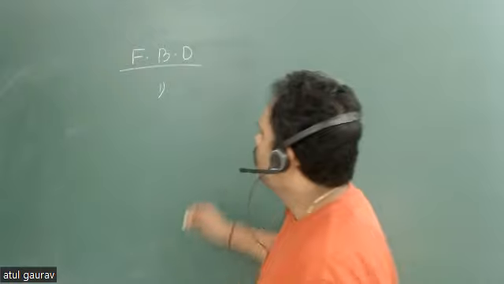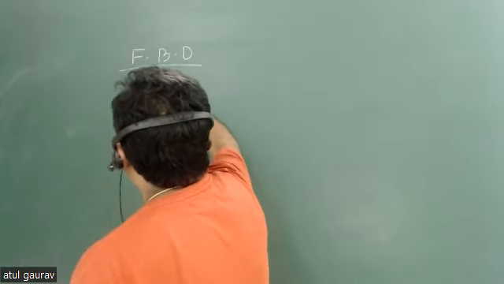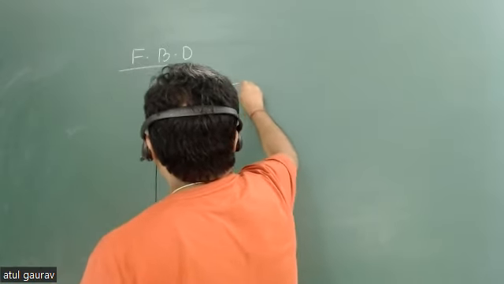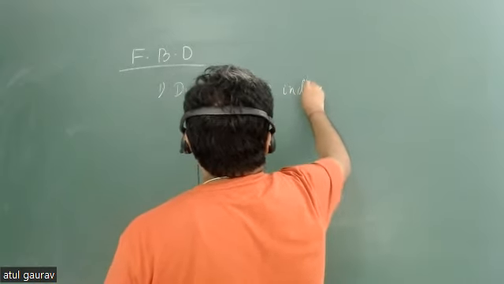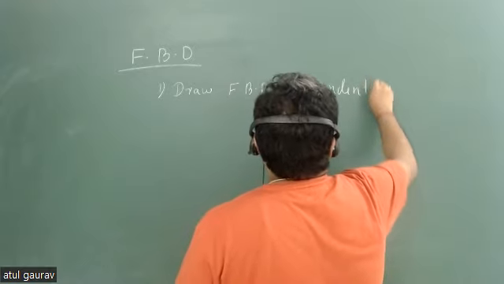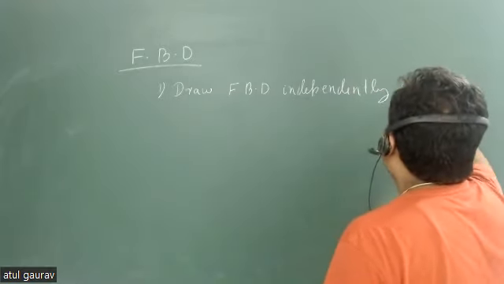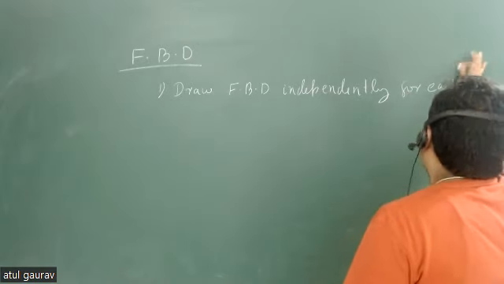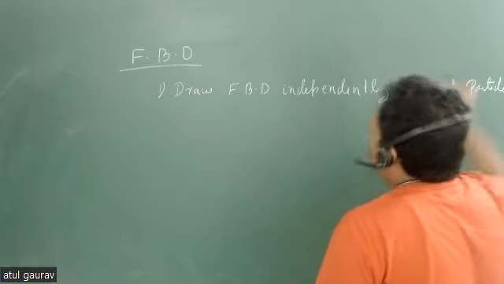So first, we have to draw the FBD independently for each block or particle in a system.